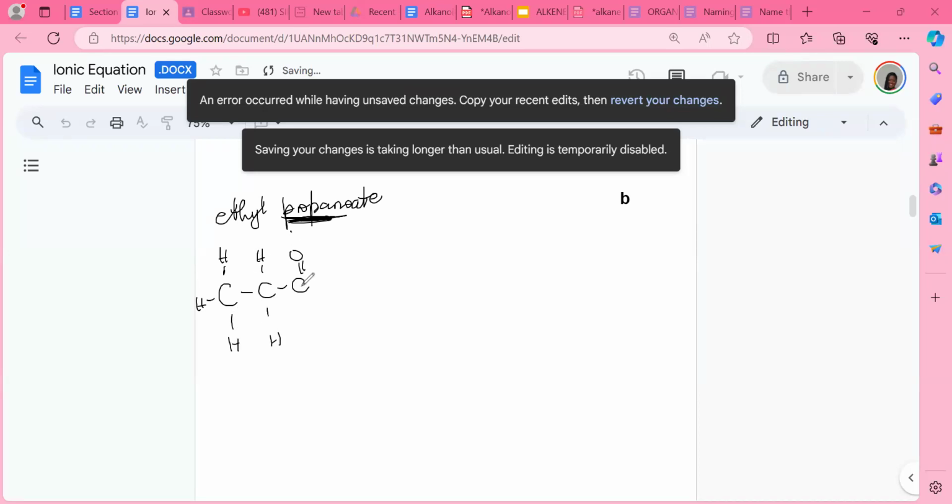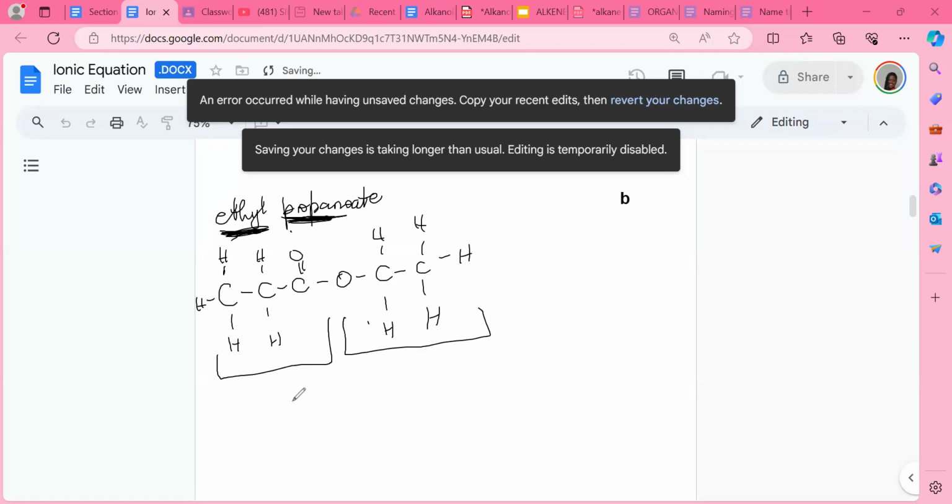The acid lost the OH, so I'm not putting the OH there. The propyl comes from propanol. The propanol loses the H. So this comes from the propanol.